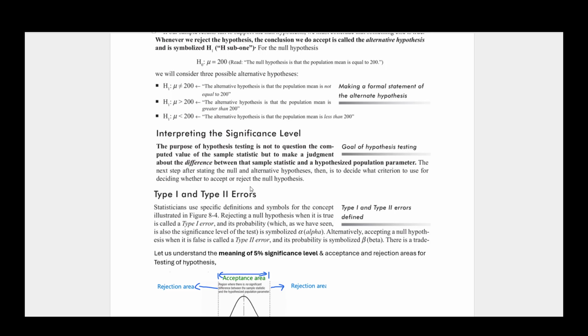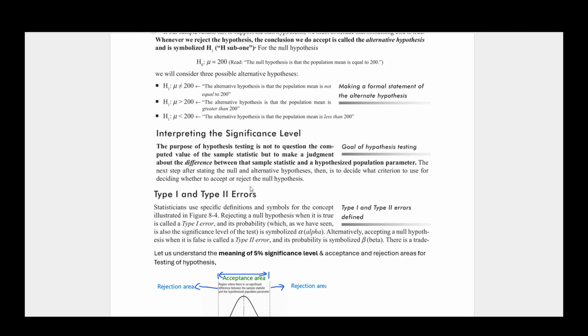The purpose of hypothesis testing is not to question the computed value of the sample statistic, but to make a judgment about the difference between the sample statistic and the hypothesized population parameter. If there is a significant difference, then we reject the hypothesis.